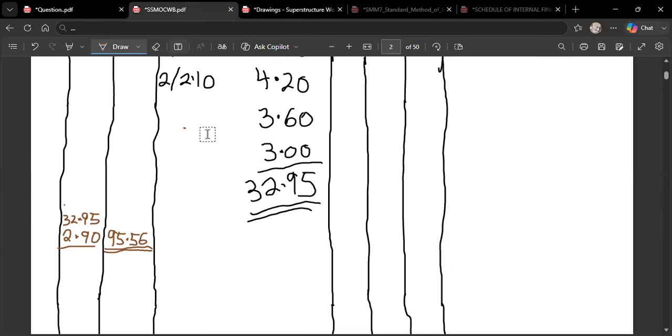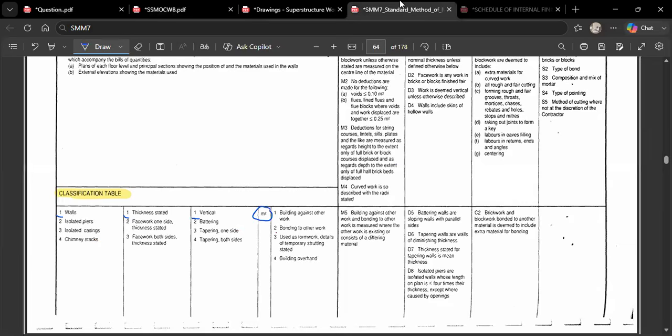So in correlation to our expense, 1 plus 1 plus 1 is the same.